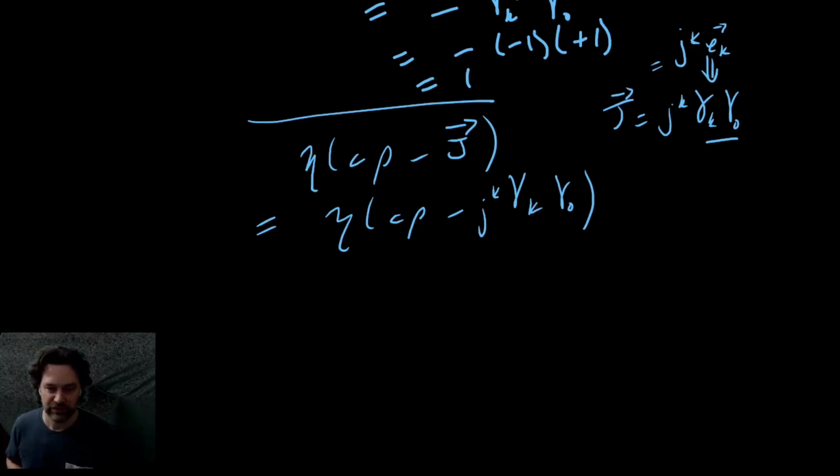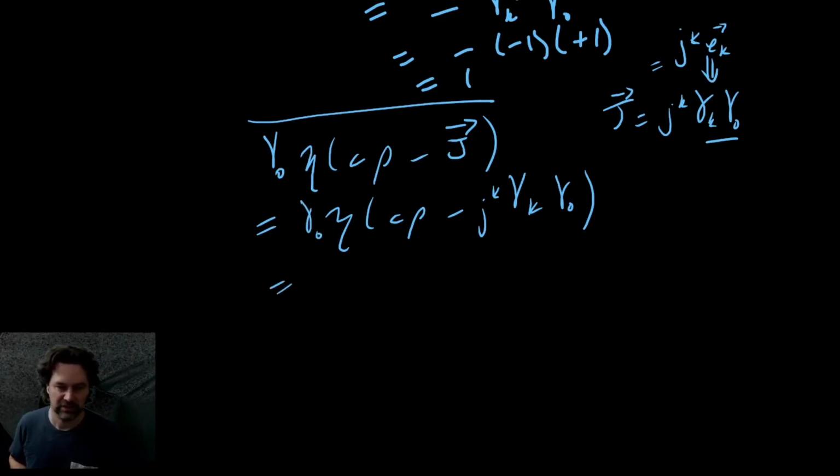And if we multiply this whole expression through by gamma naught, we're going to end up with gamma naught over here, and we're going to end up with plus or minus gamma k on this side. So let us see what that does to our current. Our multivector current is going to become a 4-vector instead.